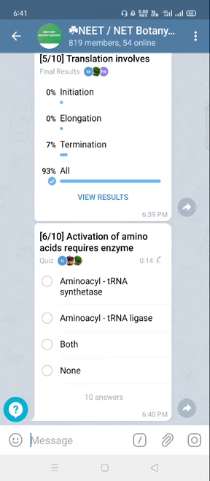So activation actually involves both the processes: aminoacyl transfer RNA synthetase and aminoacyl transfer RNA ligase. So the correct answer is option C, both.